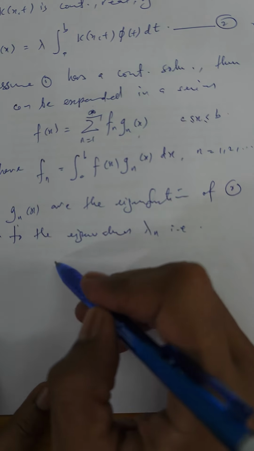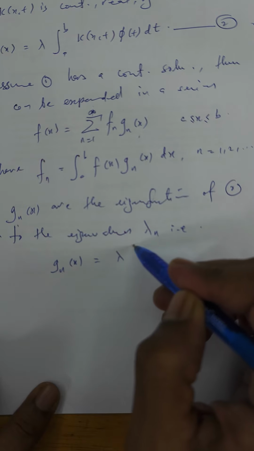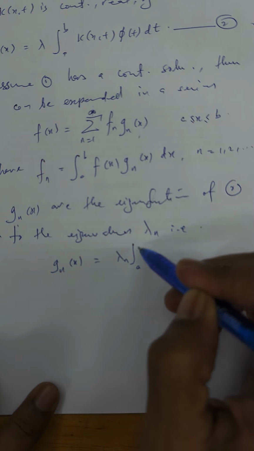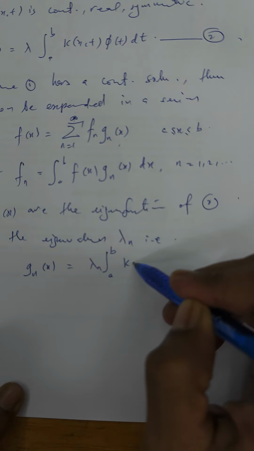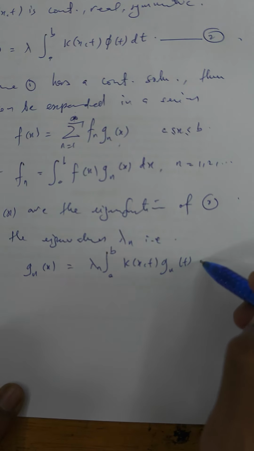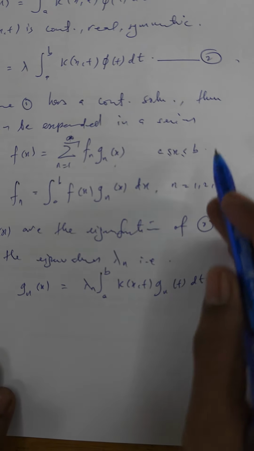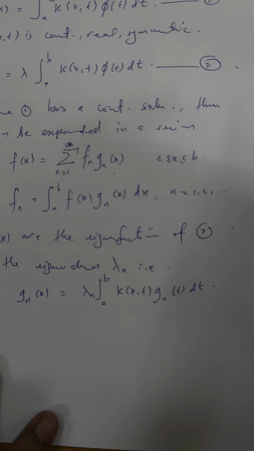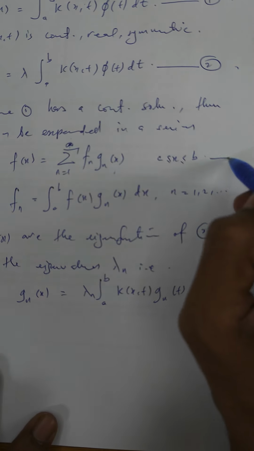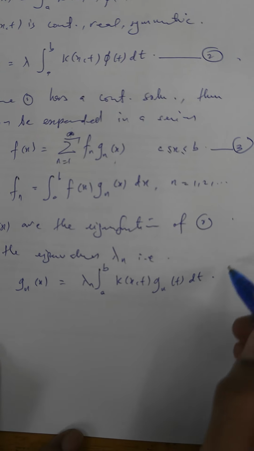That is to say that g_n(x) is lambda_n times the integral from a to b of k(x,t) g_n(t) dt. So let's call the first one equation 2, this one equation number 3, and this one equation number 4.